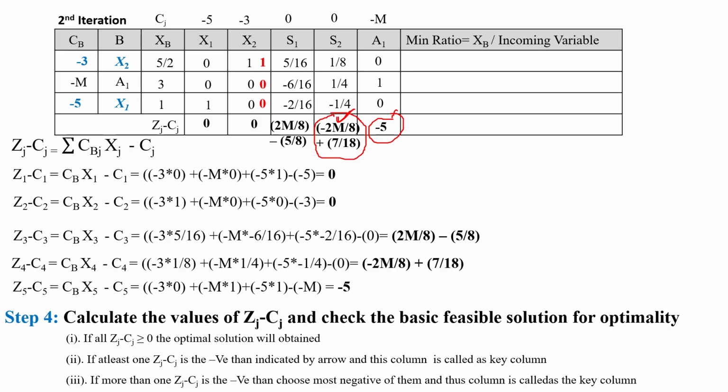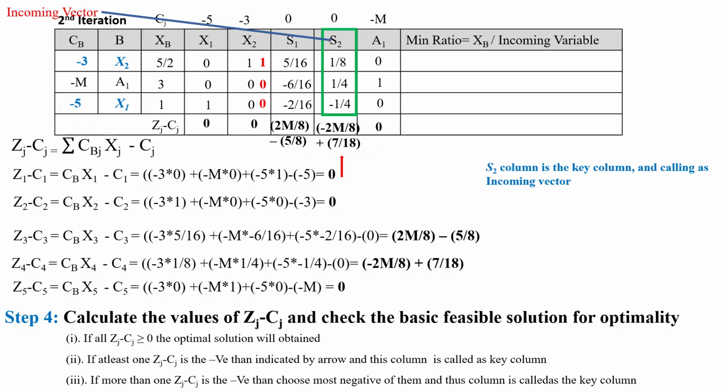So minus 2M by 8 plus 7 by 8 is the most negative value, and it is the value for the S2 column. So the S2 column is the key column, called the incoming vector, and the S2 variable is leaving from the basis.